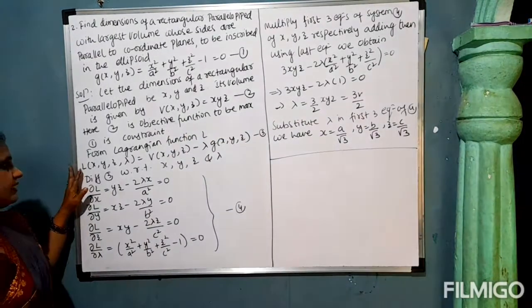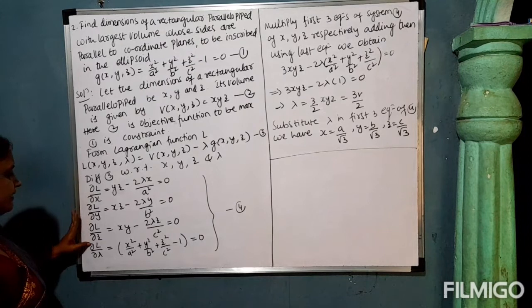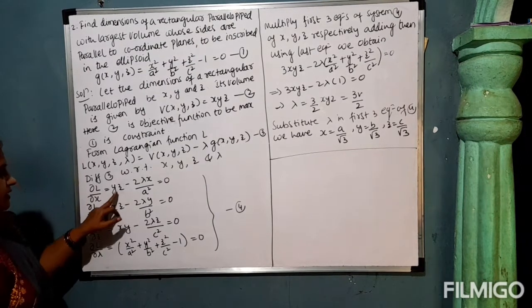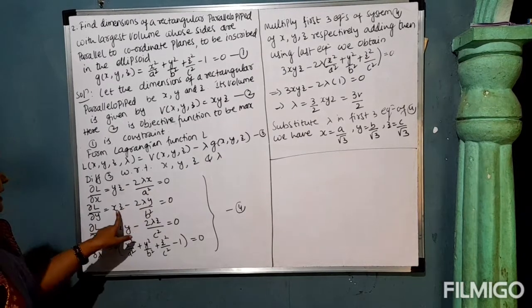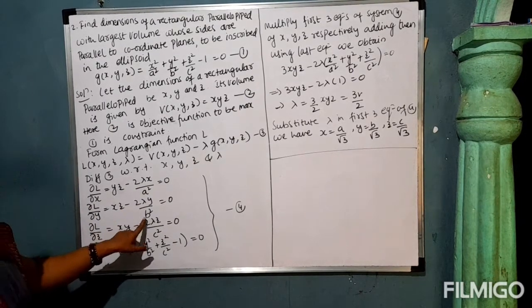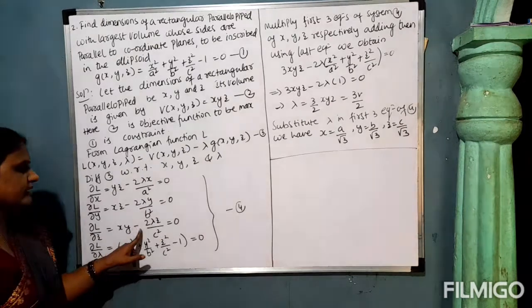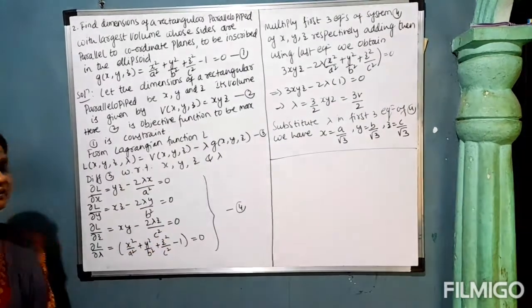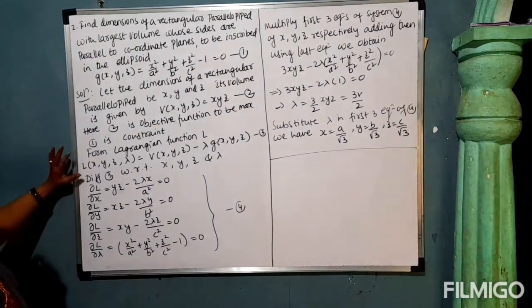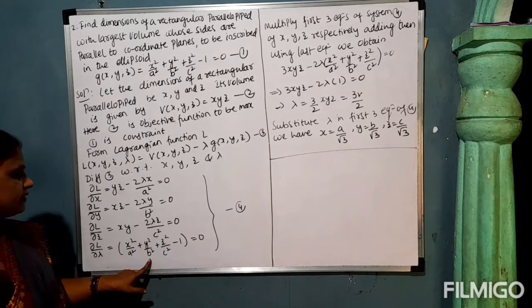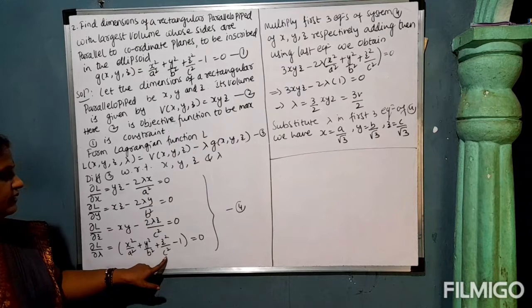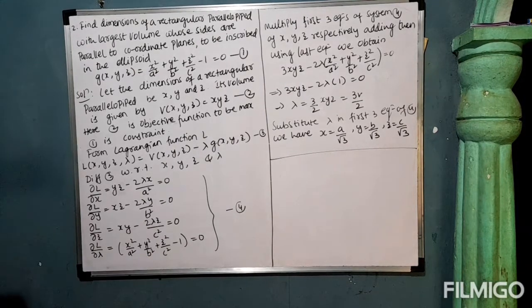Here we differentiate this with respect to x, y, z and we come across these equations: yz minus 2 lambda x by a square equal to 0, xz minus 2 lambda y by b square equal to 0, xy minus 2 lambda z by c square equal to 0. And differentiating with respect to lambda, we get x square by a square plus y square by b square plus z square by c square minus 1 equal to 0.